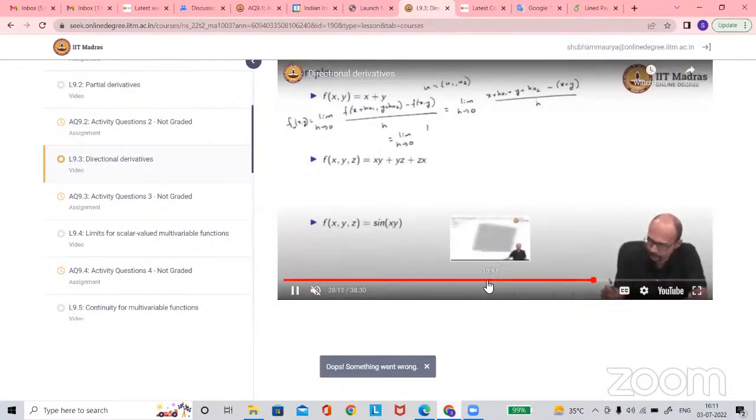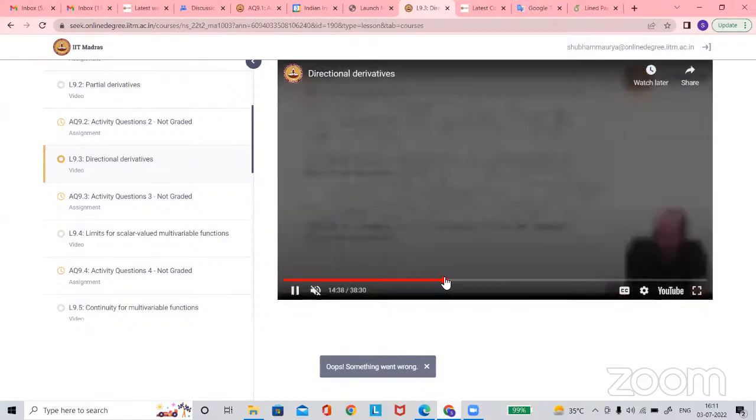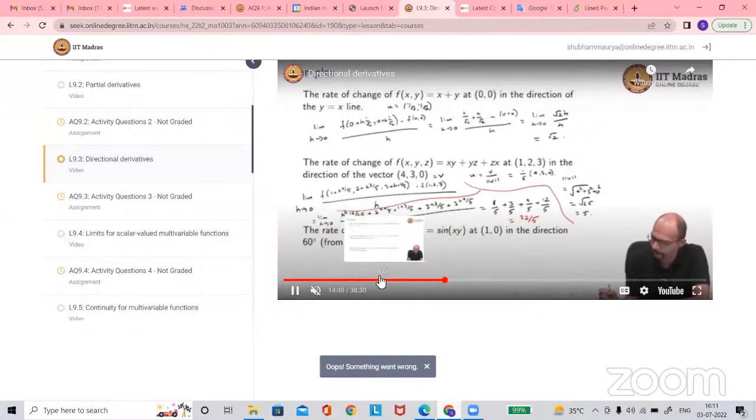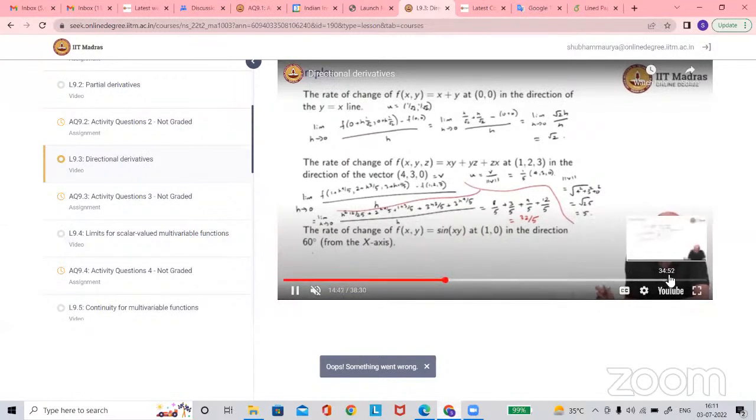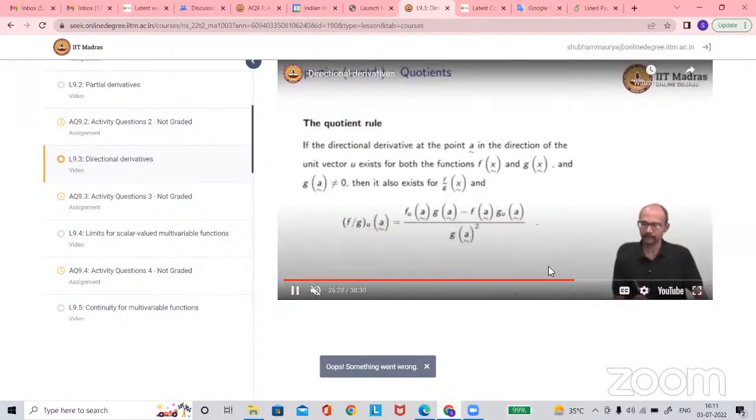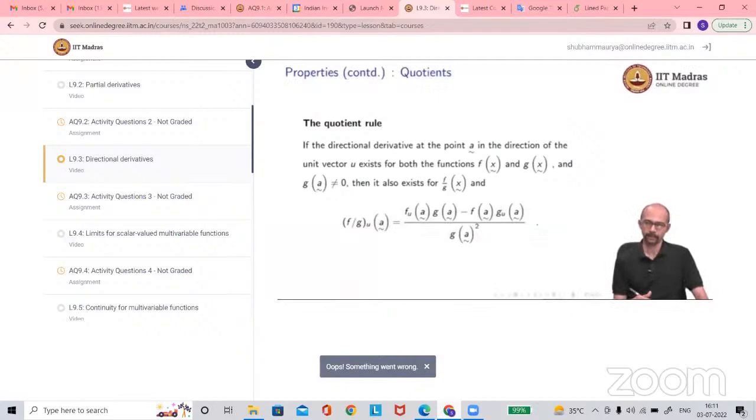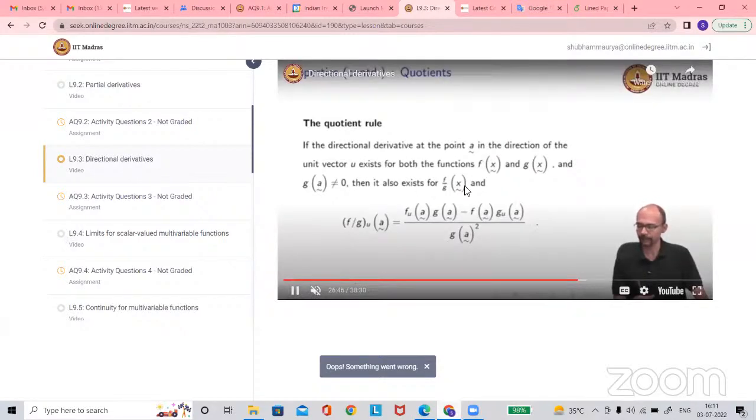Okay, the third one, f(x,y) is sine xy. So what is the doubt here? Sir, I didn't understand how he found the limit of sine xy. Let me write the quotient rule here.